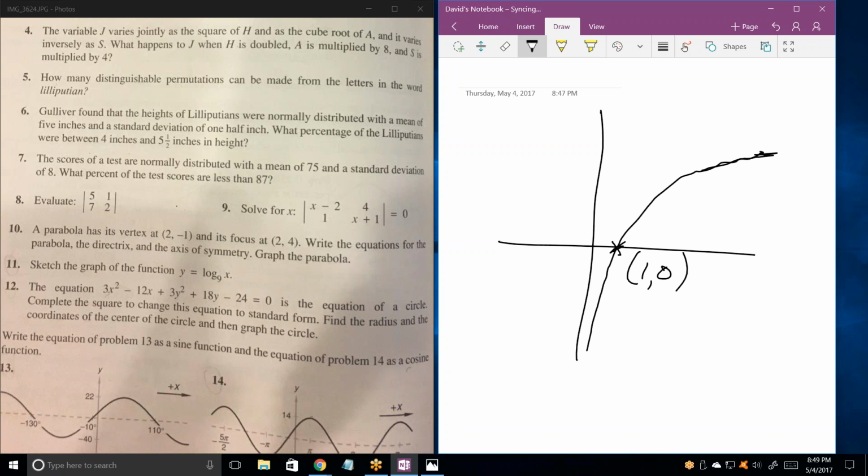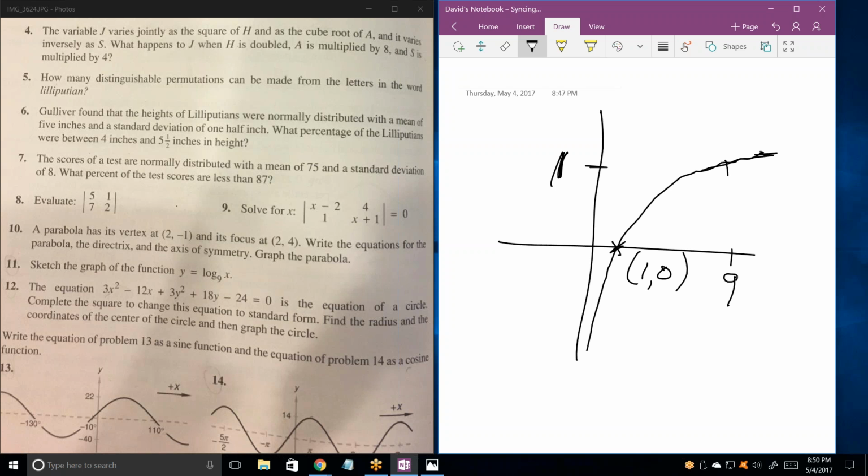If I want a log curve that fits the base 9, then I know that the log base 9 of 9 is 1. So I know that when x is 9, y has to be 1.